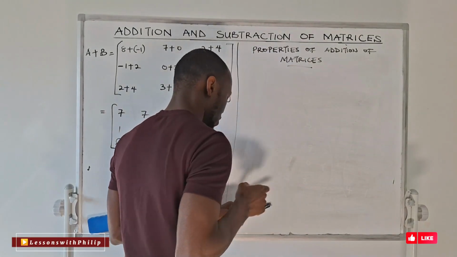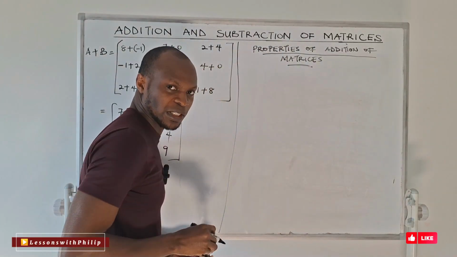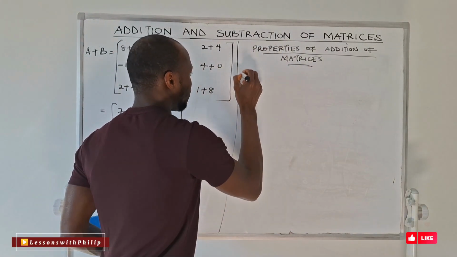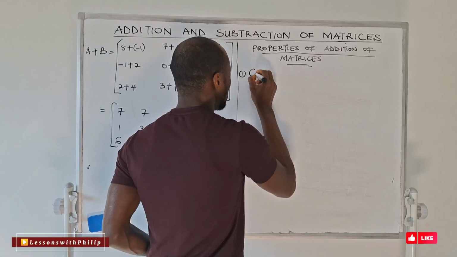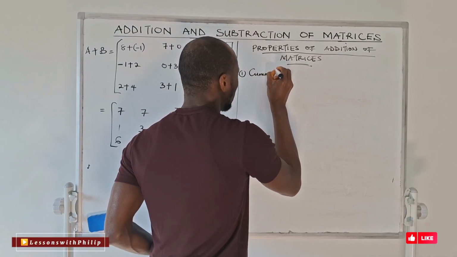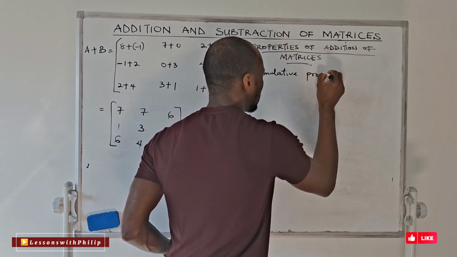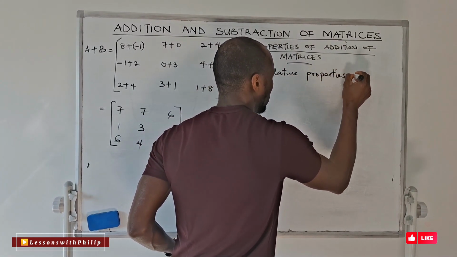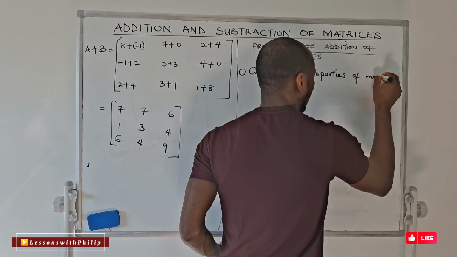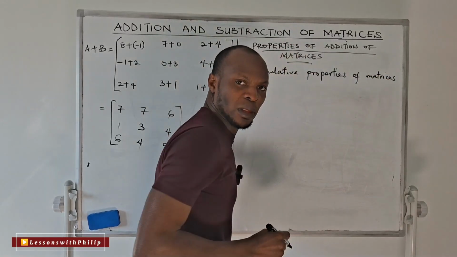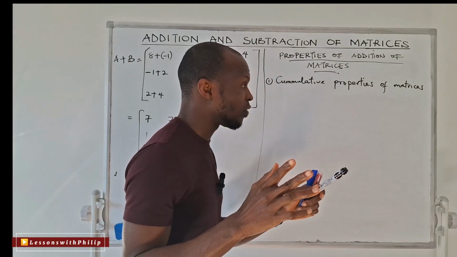Now, the first property is called the commutative property of matrices.